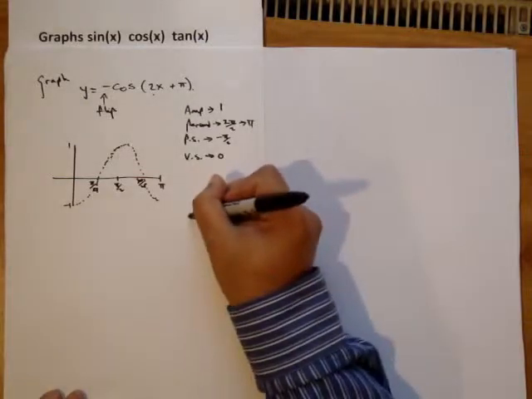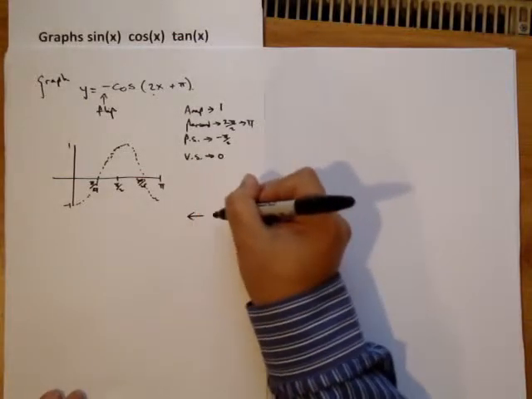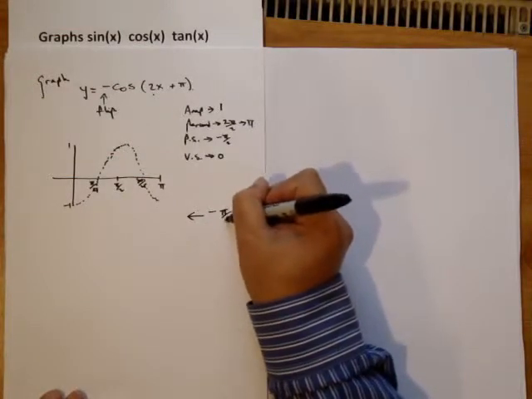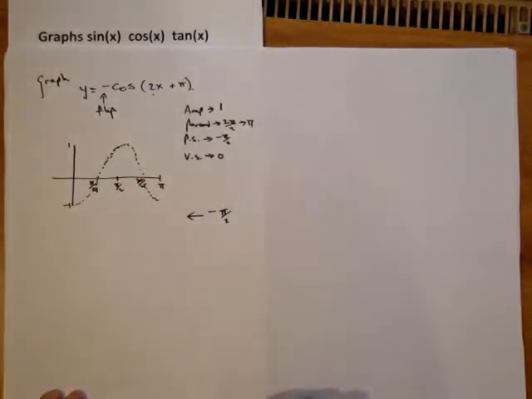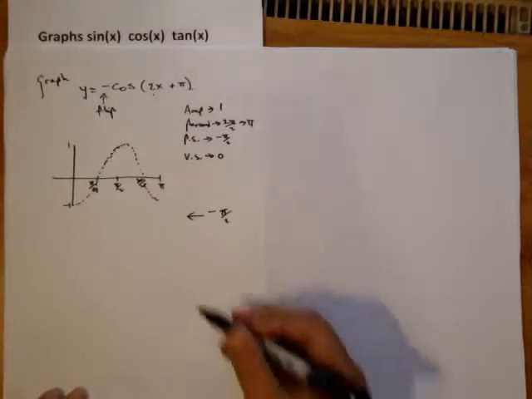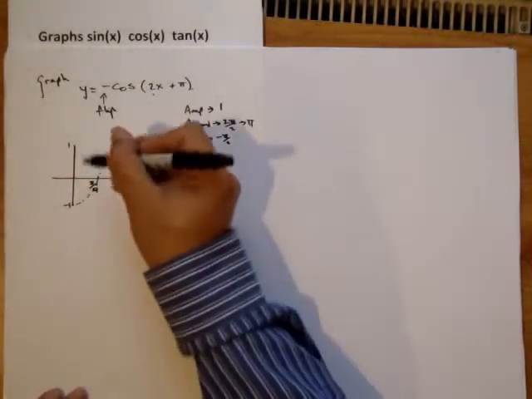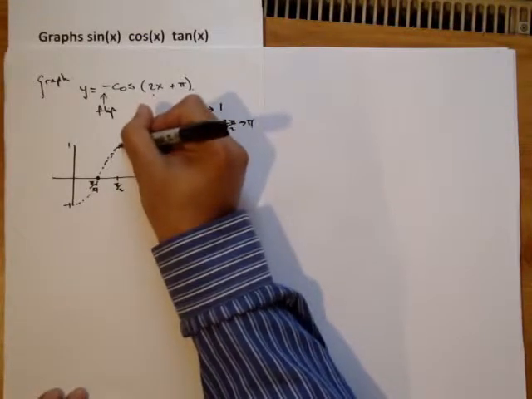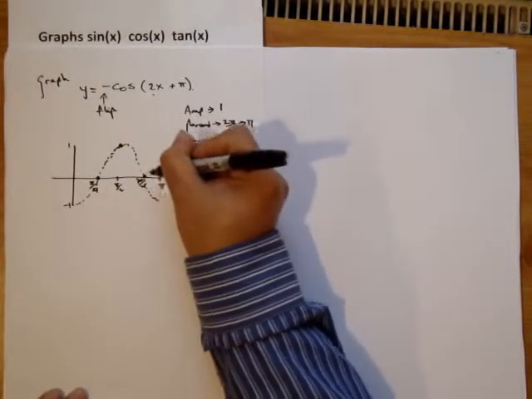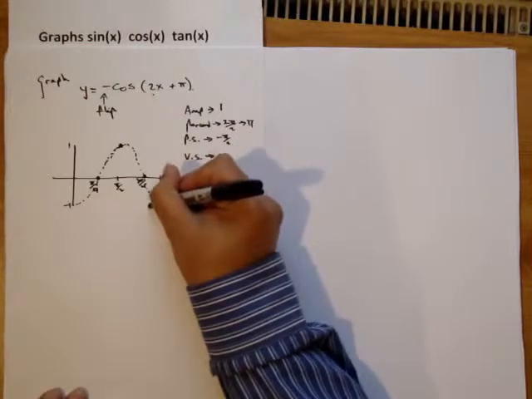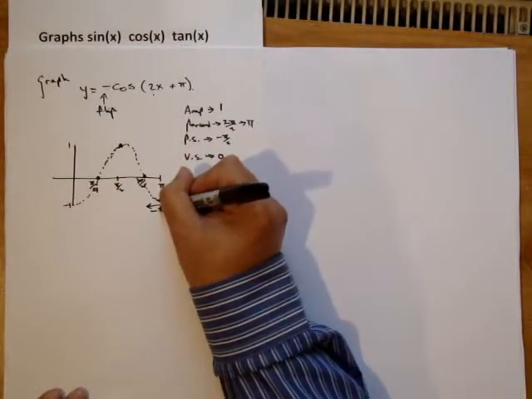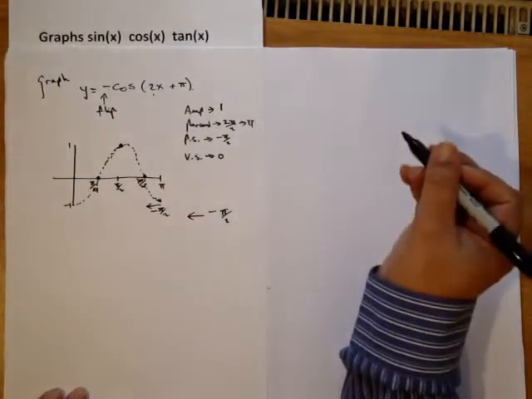Now we want to shift that way, so it's minus pi over 2. So what do we do here? We want to shift all these points, this point here, this point here, that way, by minus pi over 2.